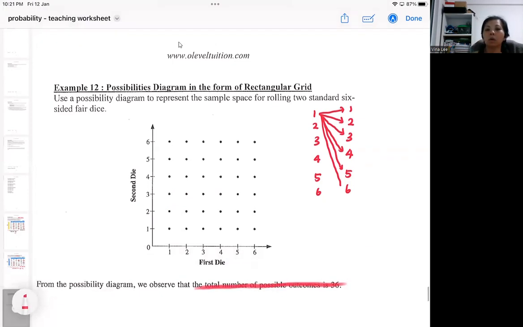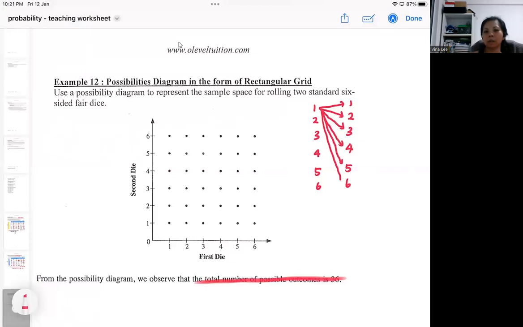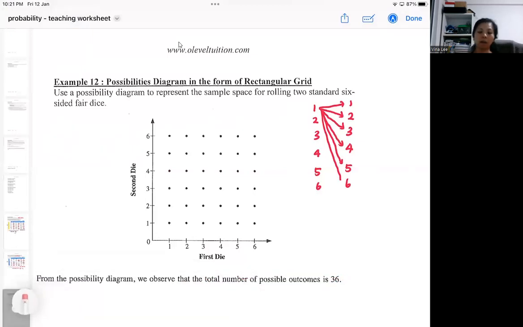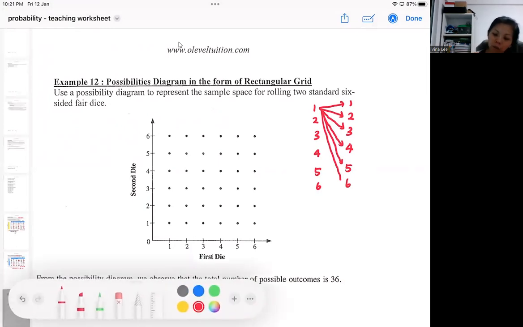Okay, so from these 36 outcomes, sometimes they will ask different probability questions regarding this. For example, they can ask what the probability is that both dice add up to more than 10. More than 10 means 11 and 12. So you got to circle the outcomes that are 11.